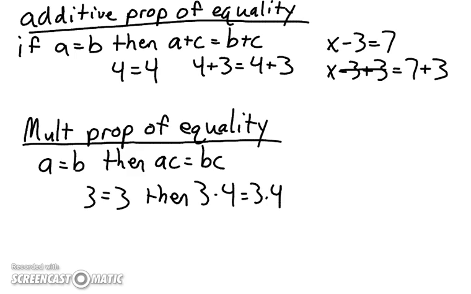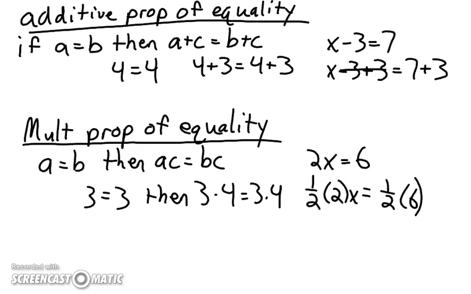Again, for algebra, maybe more importantly here, if you have that 2x equals 6, then you know that 1/2 times 2 times x equals 1/2 times 6. And usually when we go forward, we won't write that as a multiplication by 1/2. We'll write that as division by 2, which is how you're probably used to seeing it.